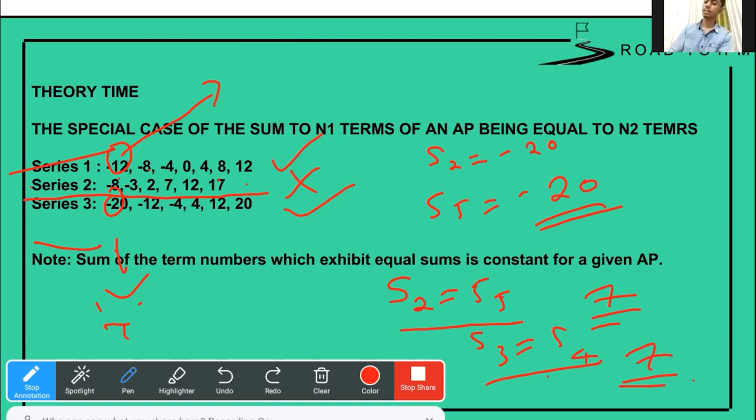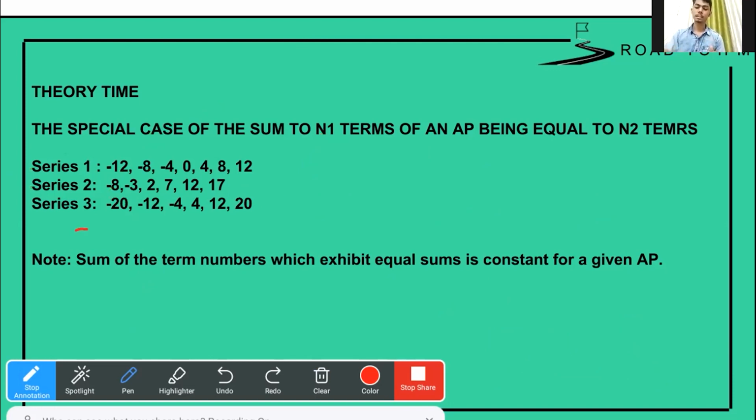The last question also had 7 occurring a lot of times, right? Not a Ronaldo fan. So 2 plus 5 is 7, 3 plus 4 is equal to 7. Now, that is a constant. And we'll be using this idea to find the answer for the question that came before.